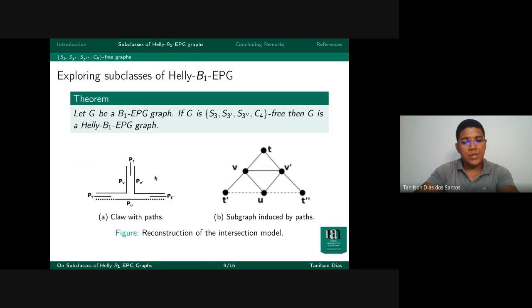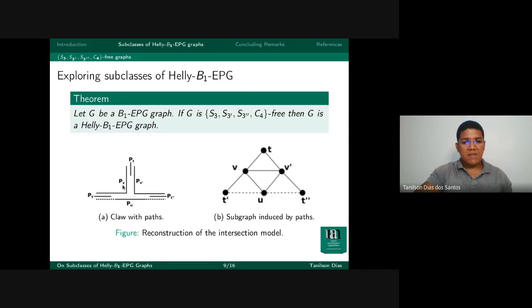We need to go back to here. Well, the demonstration is that G is a B1-EPG graph that is not a Helly-B1-EPG graph, so then there exists a claw clique, and the claw has this form. This claw is formed by at least 3 paths, and there exists a dirty path intersecting exactly 2 paths of this claw. This forms a diamond.